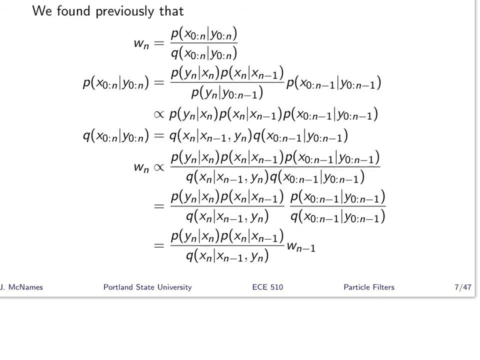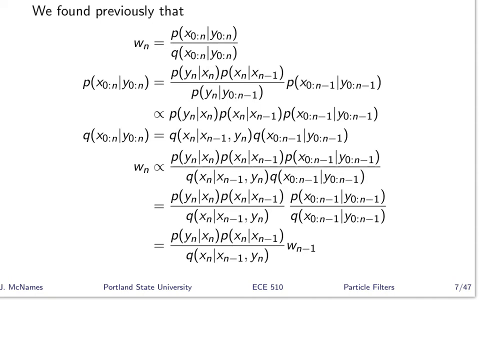And if you just factor this a little bit differently, collect these 2 terms and push them to the right so they're in their own ratio, if you look at this carefully enough, based on our starting definition, this ratio is just what the weight was at time n minus 1, which is awesome because that makes our equation for the weights recursive.